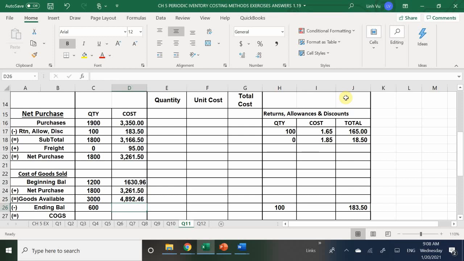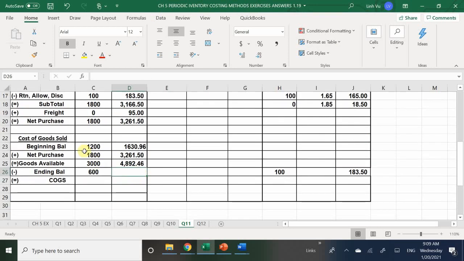Do you say 56 or 46? 46. Perfect. Good. So now this is the number that we're going to be utilizing to calculate our average cost per item, because now we have our total cost, we eliminated our returns and allowances, we added our beginning balances. So this is how much goods we have available at this exact price.